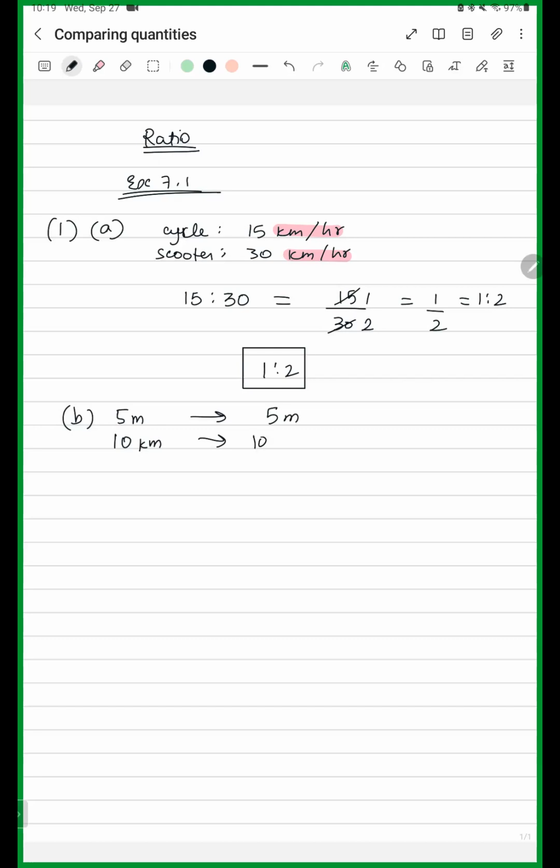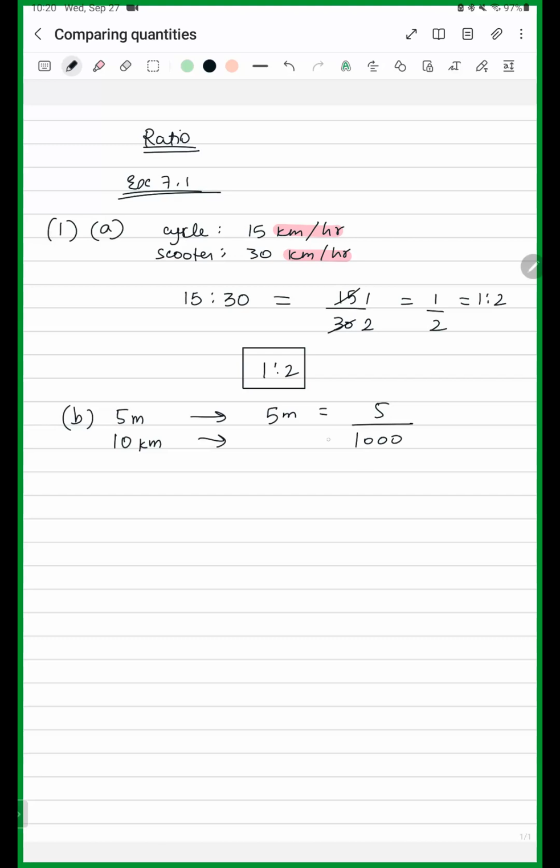Because when you change this to kilometers, this will be 0.005 kilometers. But 1 meter is 1000 kilometer, so we can write 5000 by 10 kilometer. Not 5,000 by 10. This will be written as 5 by 1,000.